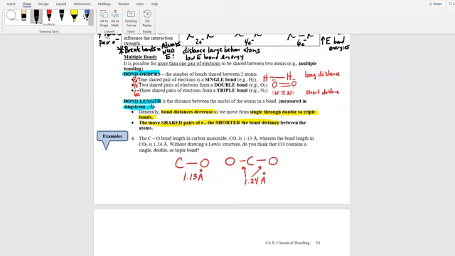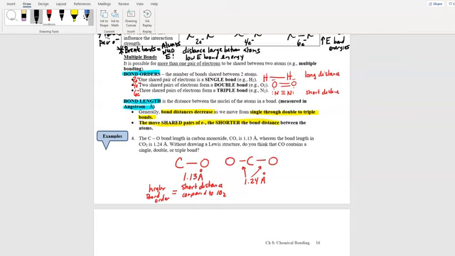Comparing this one to that one, do you think this bond is supposed to be a double or a triple? Well, triple, because this is a shorter distance compared to CO2. A shorter distance will equal a higher bond order.